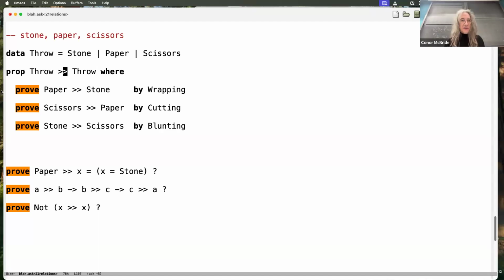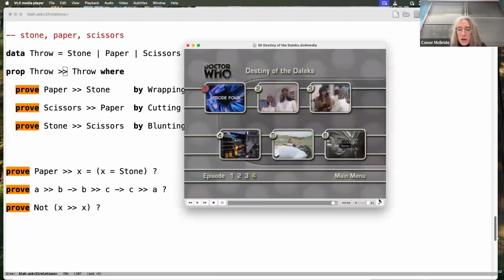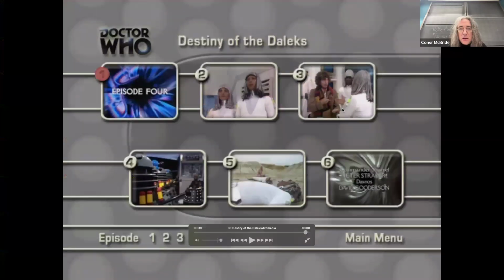Or even better, I can indulge in blatant copyright theft. If only I can find, yes. Maybe Zoom is going to prevent me from.